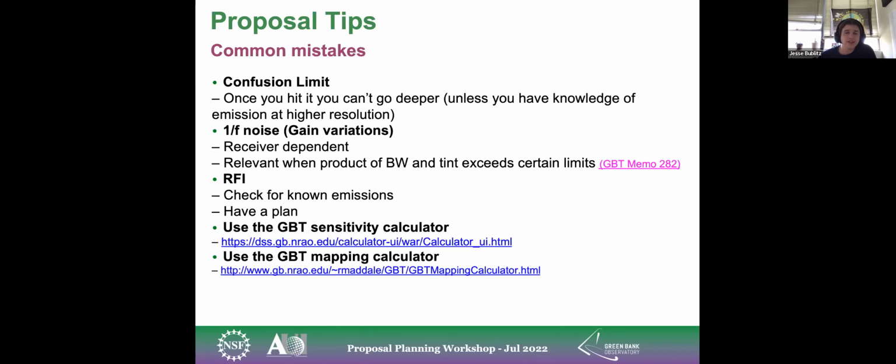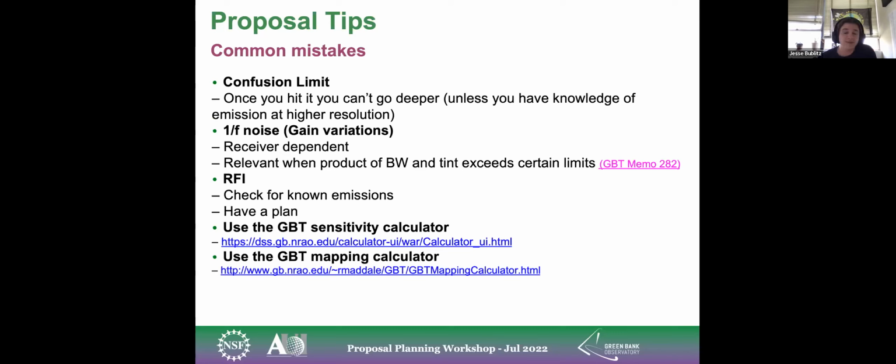And then there are a few common mistakes that people don't really take into account when they're setting up their sensitivity or mapping calculations. Some of them were mentioned before, like the confusion limit. So this is based on the background sources in the sky.